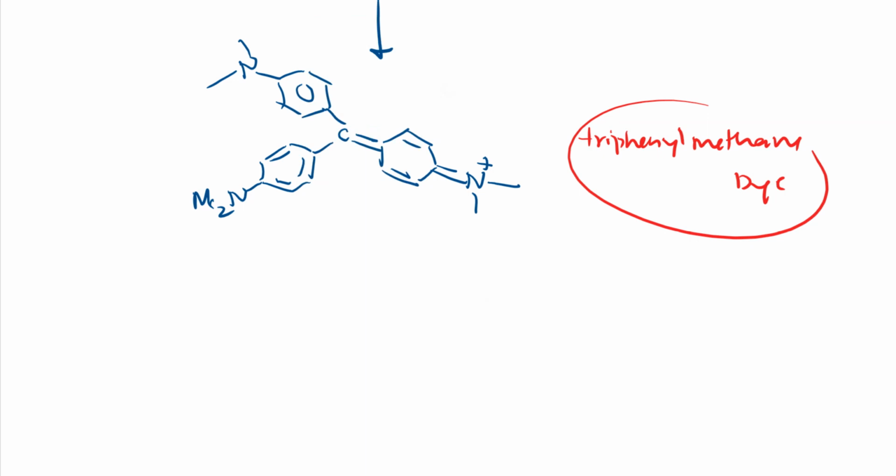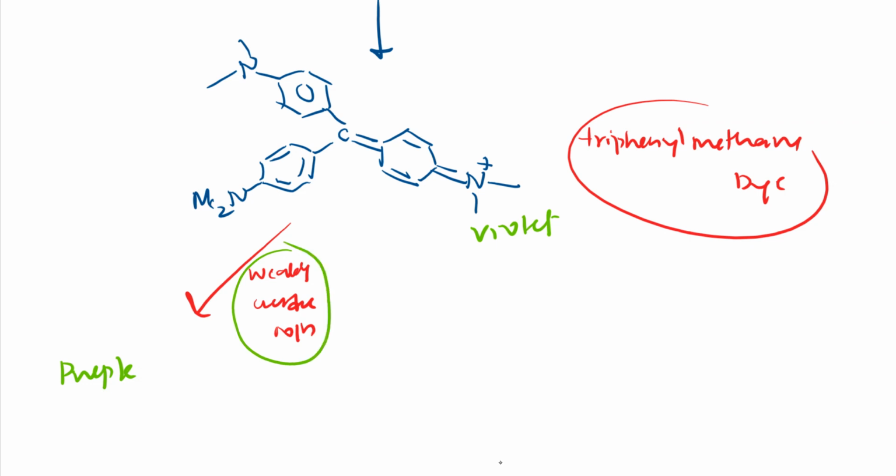To this, if I add a weakly acidic solution, the color of this violet, it is initially violet, right? So you remember violet, it becomes purple color when I add a weak acid, meaning only a few H plus will be there, only one H plus, let me write like that, you can assume, right?